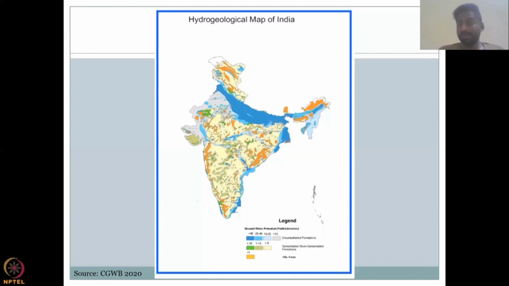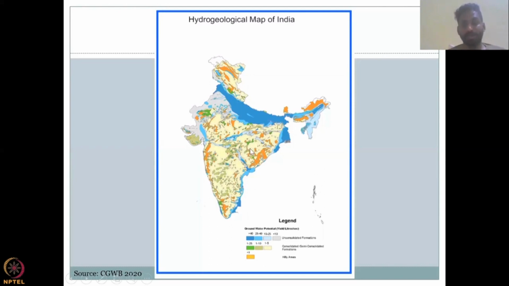And the hilly areas are very, very low. Eventually, there's no pore space in the hilly areas, so it is less than 1. If you look at the green color, that is where you have more space for water to enter within the consolidated and semi-consolidated formations, and it has 1 to 25 liters per second, mostly in Rajasthan, Kerala, and Maharashtra regions.